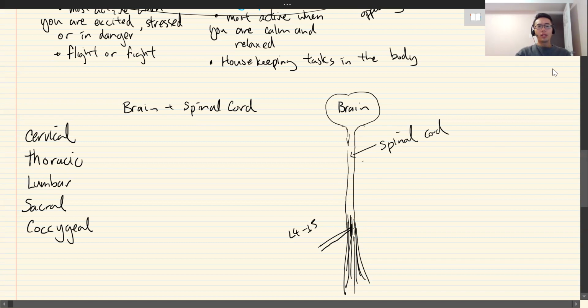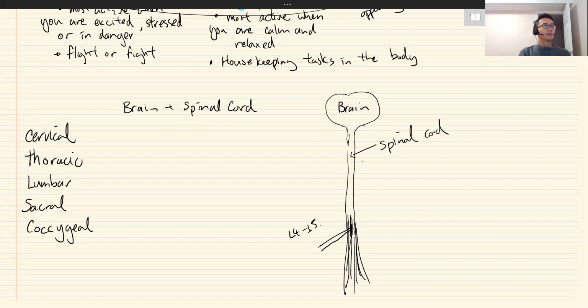So why would we want to stick a needle into your spinal cord and collect some fluid? Does anybody want to give me some examples? Someone must know here.